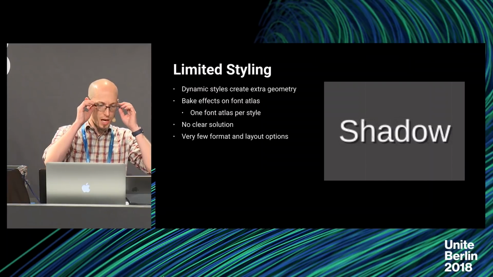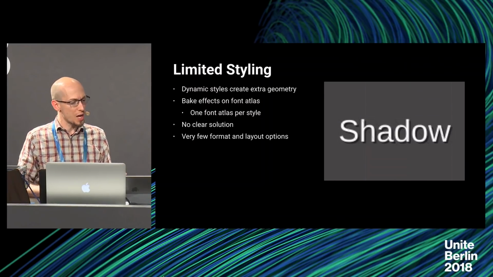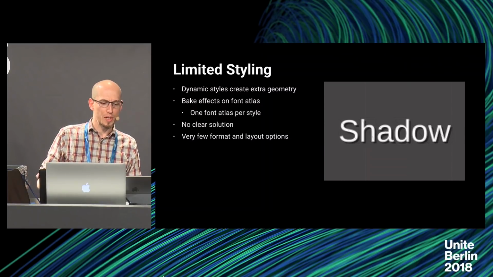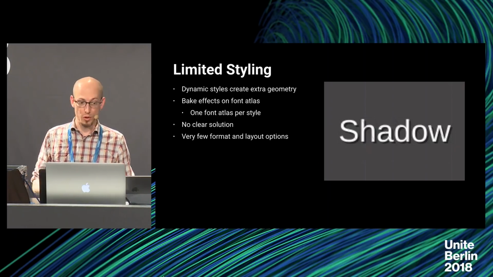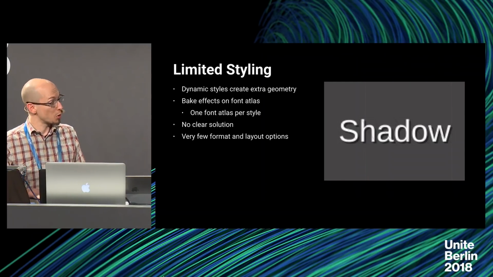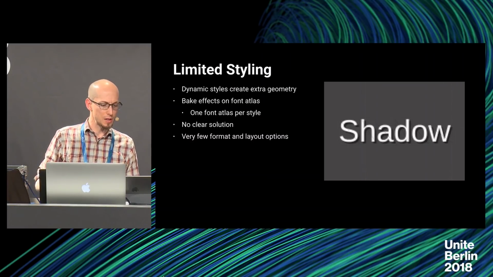Secondly, there's not many styling options available out of the box. There's only outline and shadow. And in order to render the effect, they need to create extra geometry. So depending on how you combine them, you could be doubling, tripling, or even quadrupling the number of quads per character. To work around that, you could bring your atlas into an external image authoring tool, and then you can make your own visual improvements.